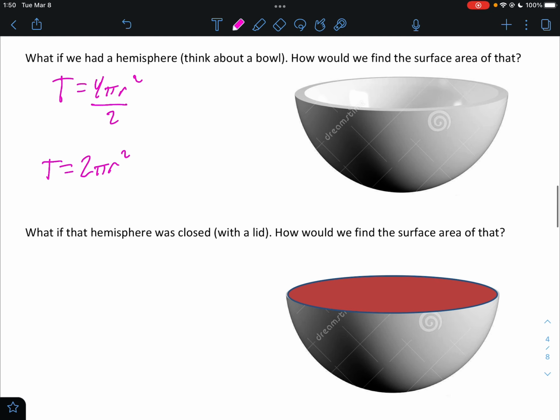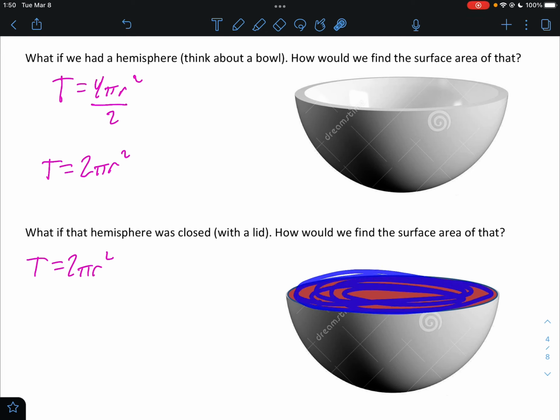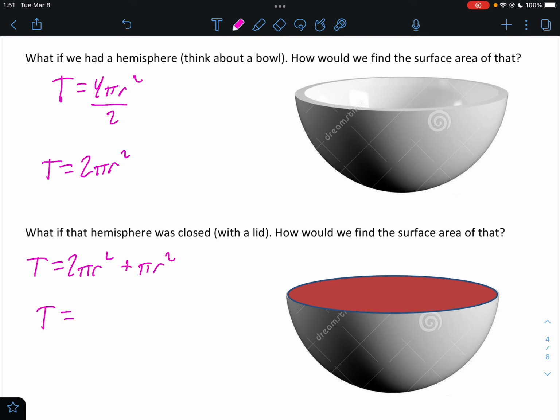Now, what if that hemisphere was closed with a lid on it? How would you find the surface area of that? Well, we'd start with the bowl, which is just 2 pi r squared, and we'd add in the area of this, which is another circle. And the area of a circle we know is pi r squared, so 2 pi r squared plus pi r squared would be 3 pi r squared.